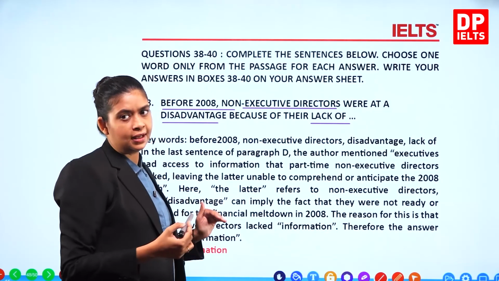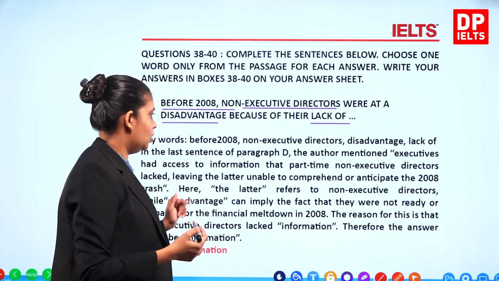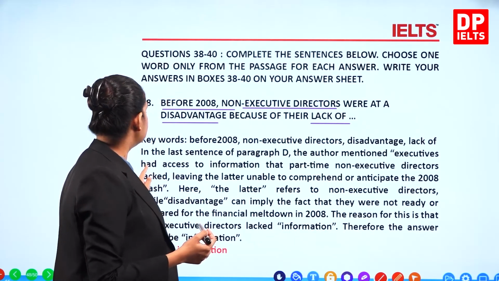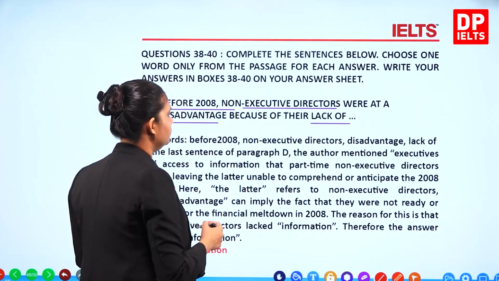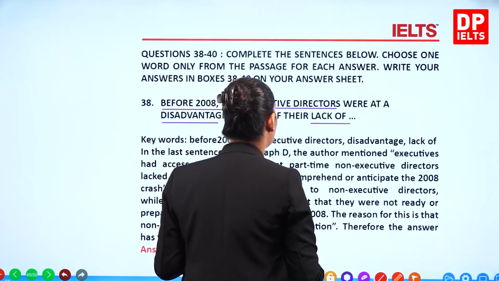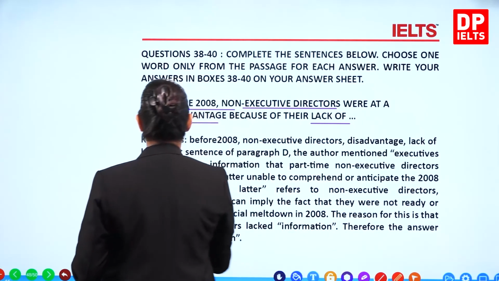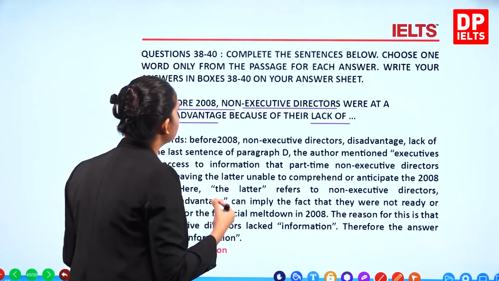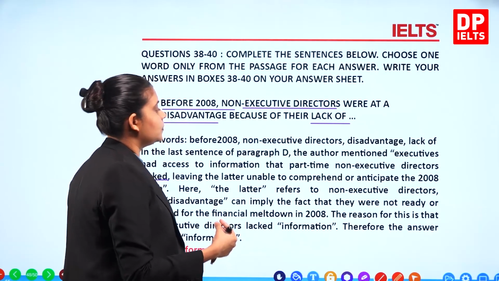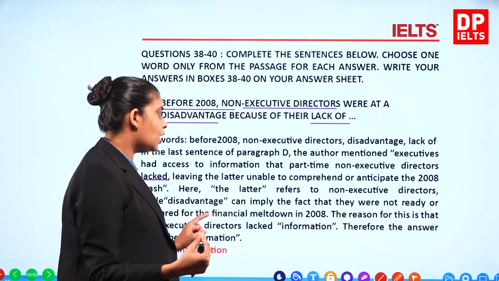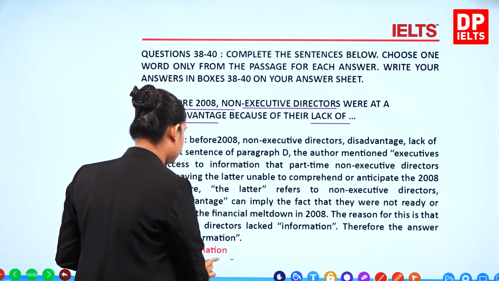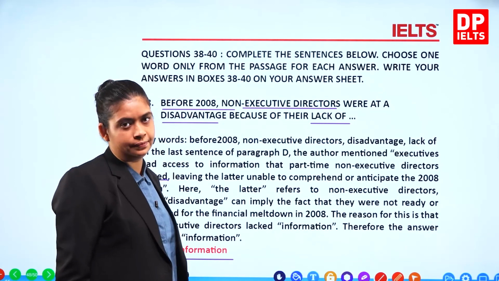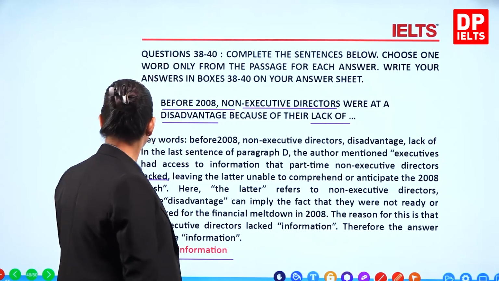In the last sentence of para D, the author says, executives had access to information that part-time non-executive directors lacked. Lacked means they didn't have. It was a disadvantage. What didn't they have? They didn't have information. Right?